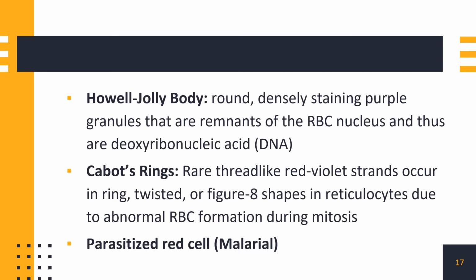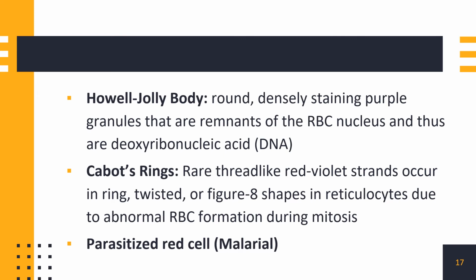Cabot rings are rare, thread-like, red-violet strands that are found in ring, twisted, or figure-of-8 shapes in reticulocytes due to the abnormal RBC formation during mitosis.